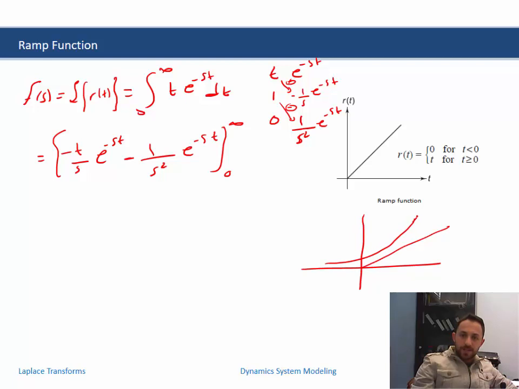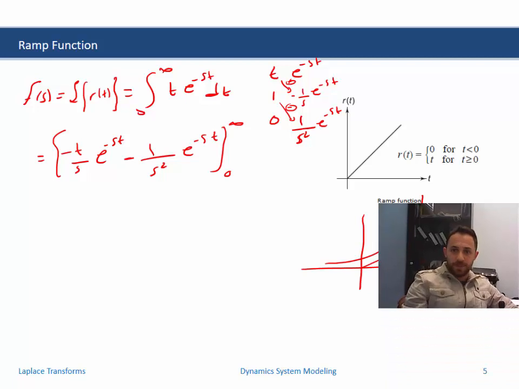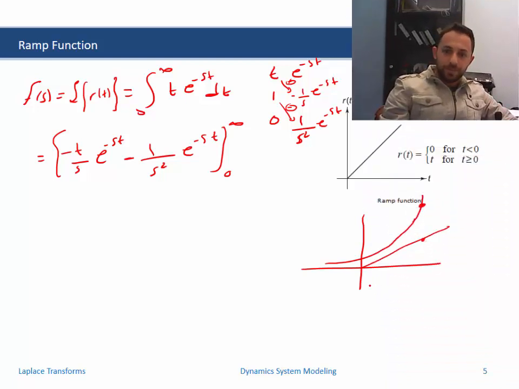We notice that the exponential term can reach infinity, while at time t is very slow and it's still a number. So I can ignore this term, the linear function in front of the exponential function.